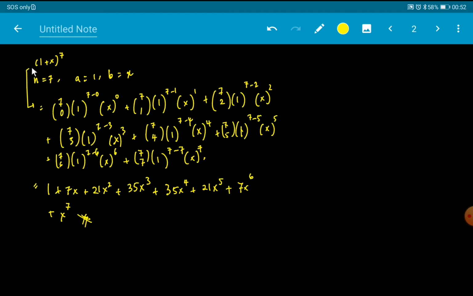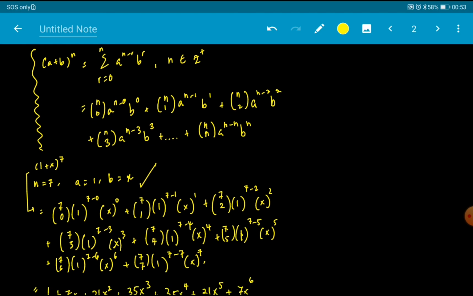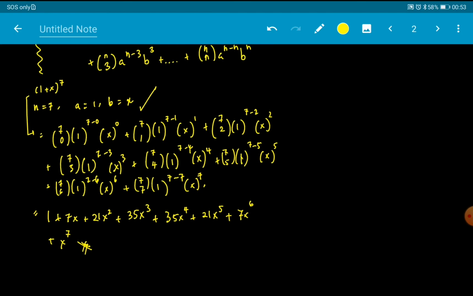First of all, just list the values of n, a, and b using this theorem. You should remember this theorem. I don't know whether the theorem is given or not, but if it is given, you should know how to use it.